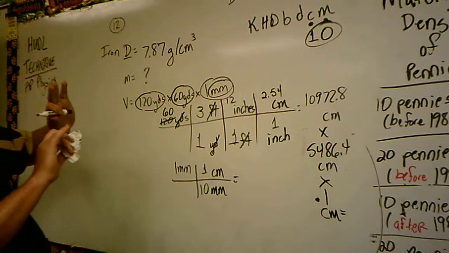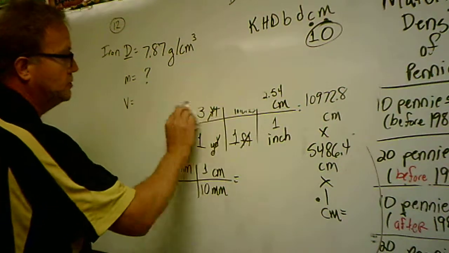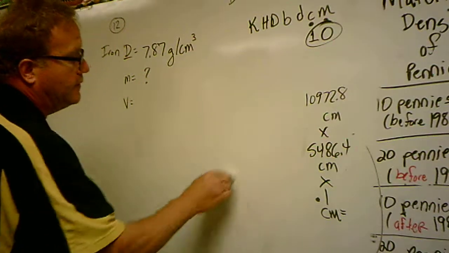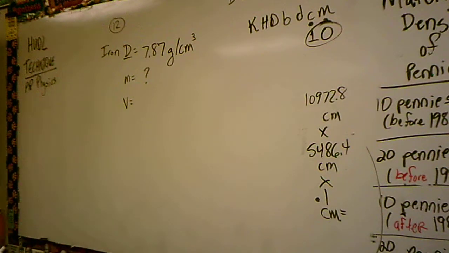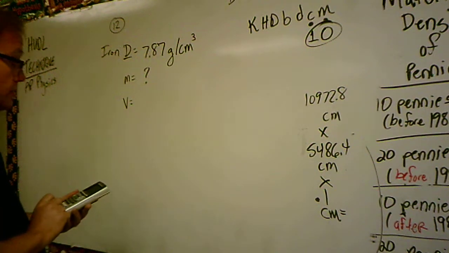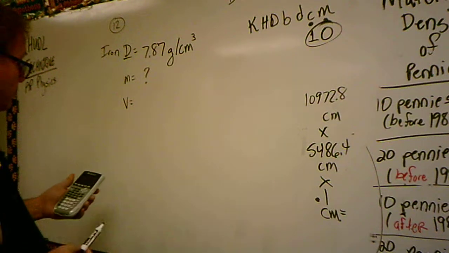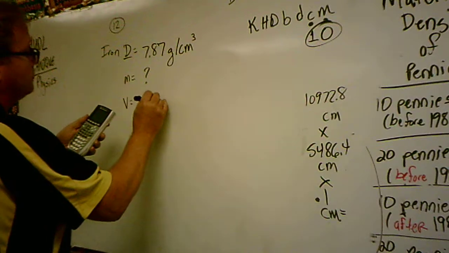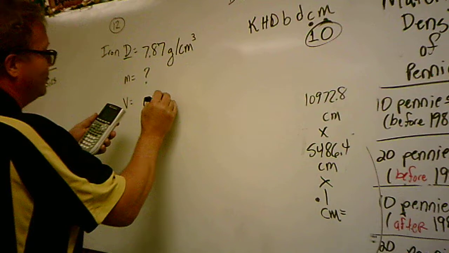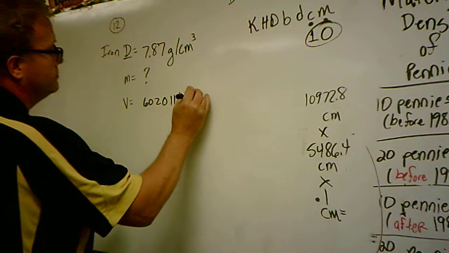So now I can multiply these and get my volume. So I'm going to go ahead and erase it because we don't need that anymore and we have our correct units. So then we're just going to multiply these 3 numbers together. And we're going to end up with 6,020,116 and some numbers past the decimal point.